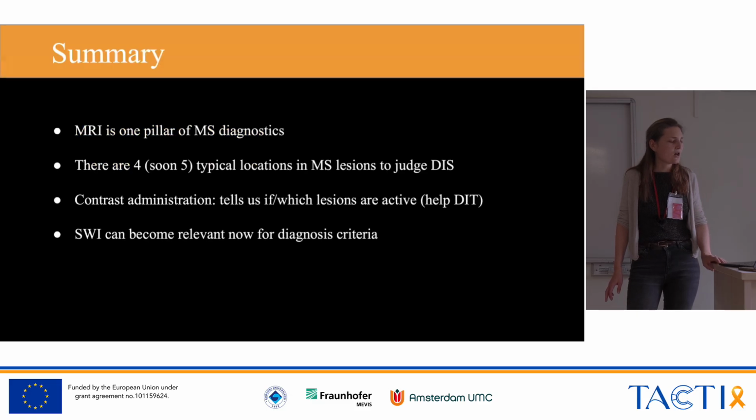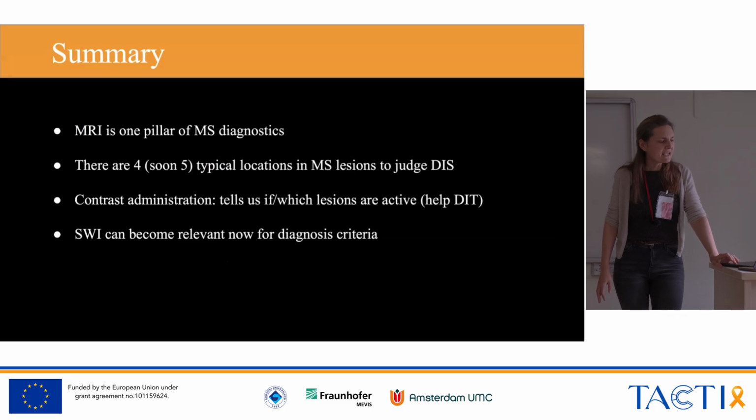This is a bit complicated. I wrote it up for people who want to have the PDF later, but I will not go into detail here. But bear in mind that certain combinations of MRI features trigger different diagnostic certainties in combination with clinics and CSF.